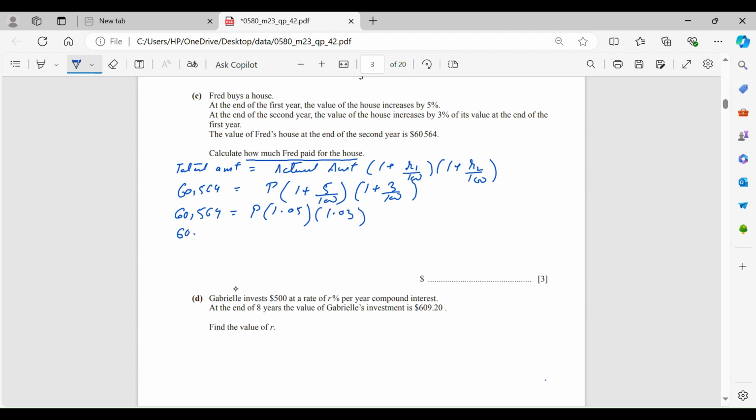So 60,564 over 1.05 into 1.03 is equal to P. So the actual amount of the house, P, will be equal to 56,000.